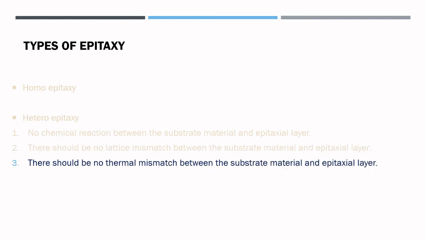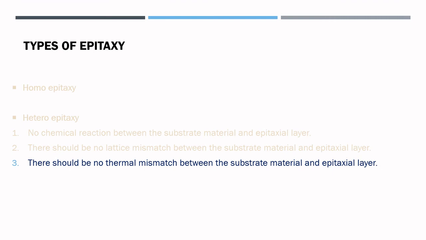And the third rule is that there should be no thermal mismatch between the two materials, that means between the substrate material and the epitaxial layer material. But only the first rule, that there is no chemical reaction between the substrate and the epitaxial layer, is very stringent. If a chemical reaction occurs between the two materials, we cannot have an epitaxy.